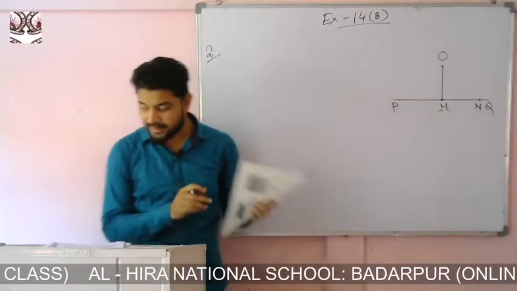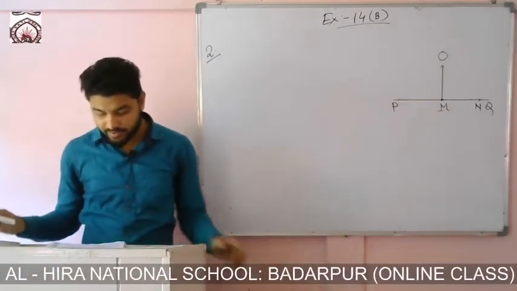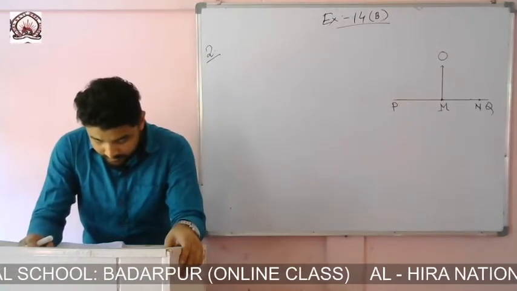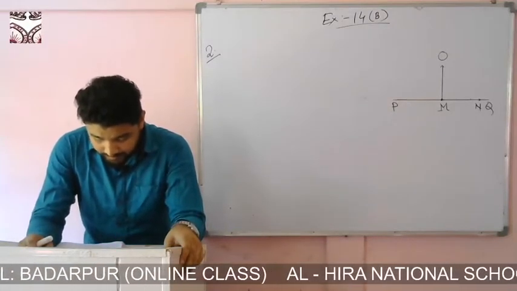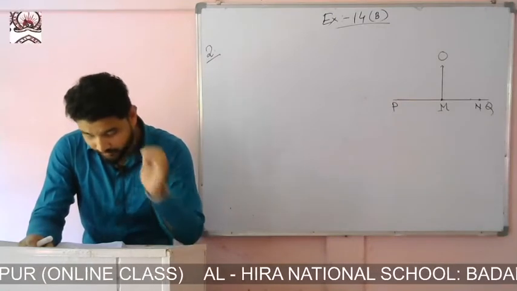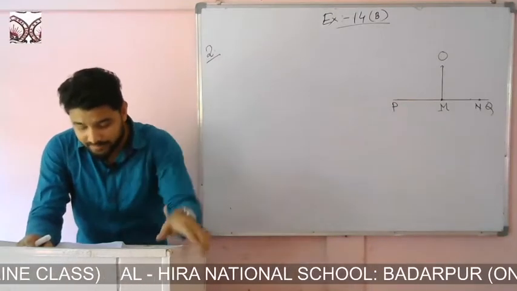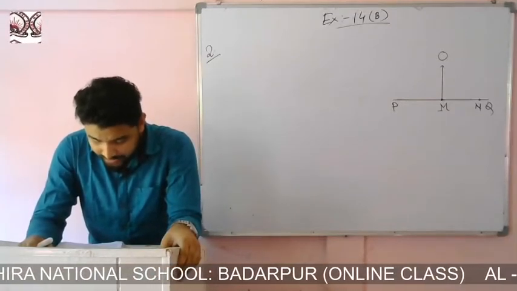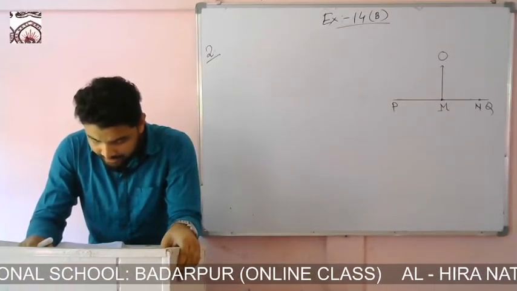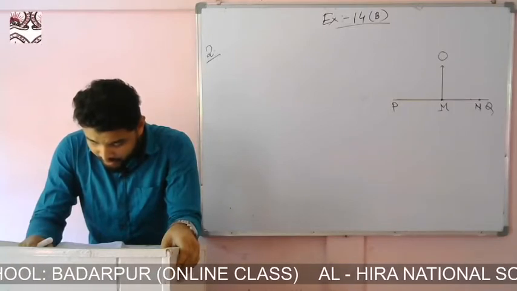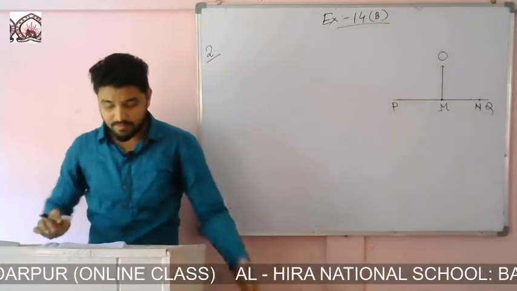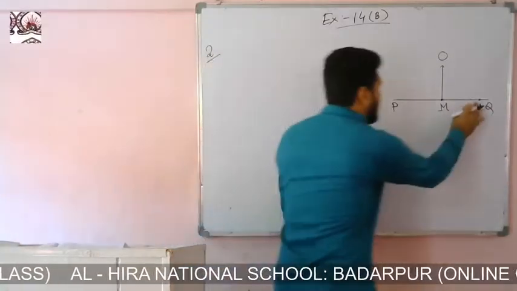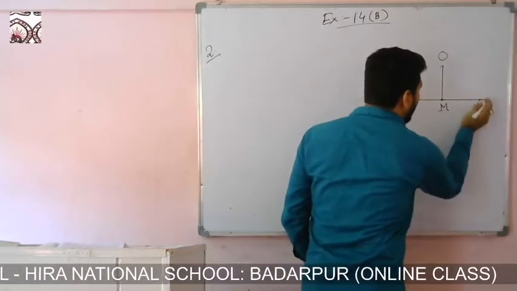Draw a line PQ and take a point M on it. Using set square, construct a perpendicular MN. That means I have to construct a perpendicular MN, not on this.